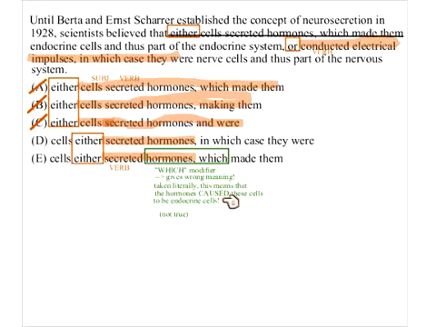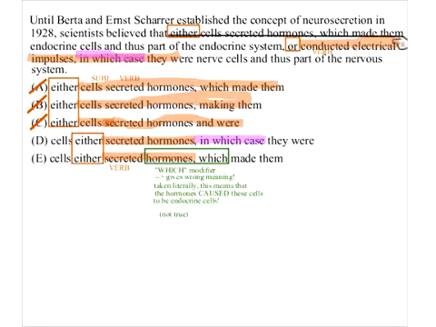Okay. Notice you've got perfect parallel structure here, though. You've got, they secreted hormones, comma, in which case this other stuff happens, or conducted electrical impulses, in which case this other stuff happens. I know how perfect the parallelism is here.